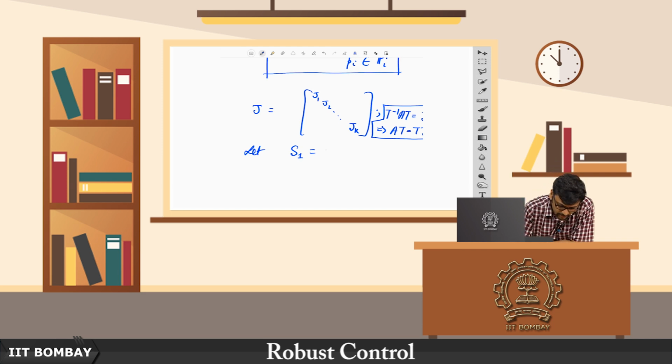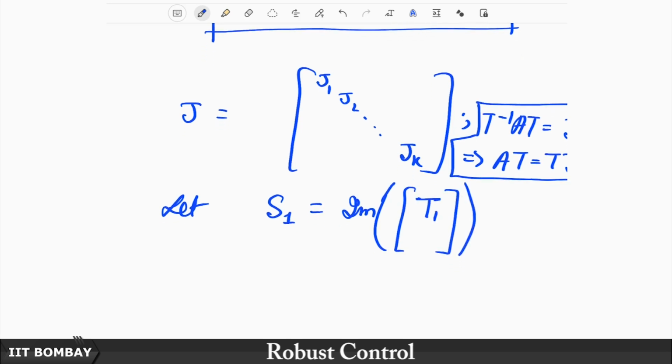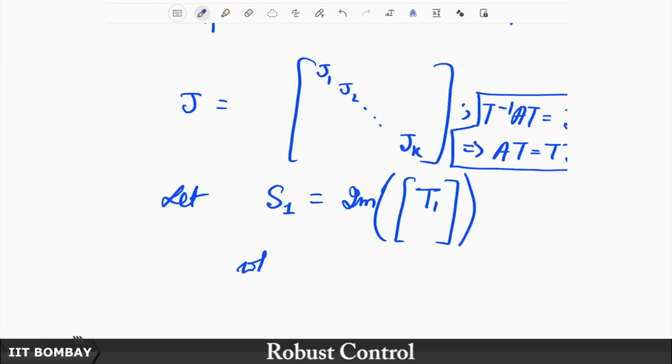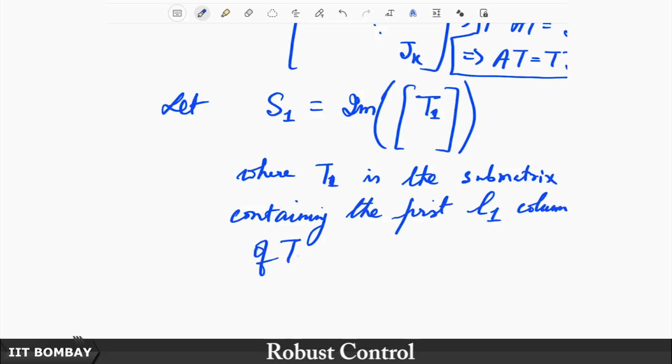So let S1 be the image of T1, where T1 is the submatrix containing the first L1 columns of T. What is L1?